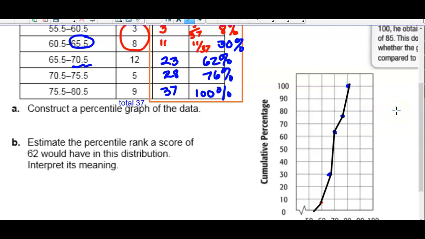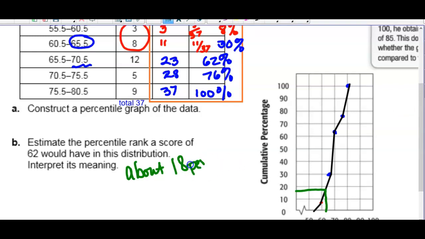All right, then it asks, estimate the percentile rank of a score of 62. So if someone had a score of 62, looks to me like their percentile might have been just below 20%. I'm going to write the word percentile, not percent.